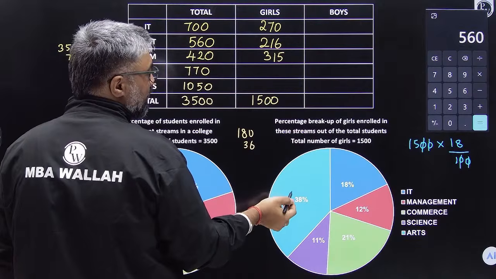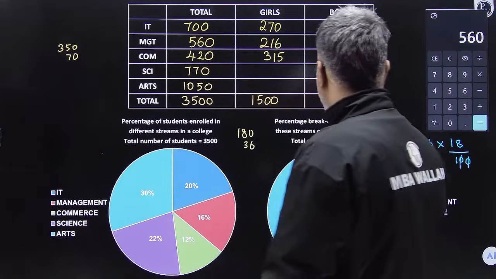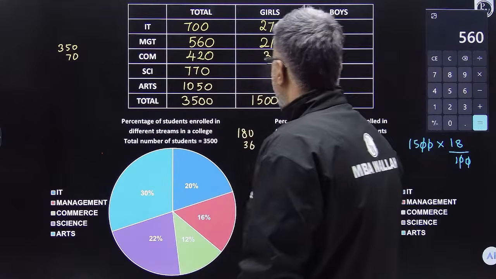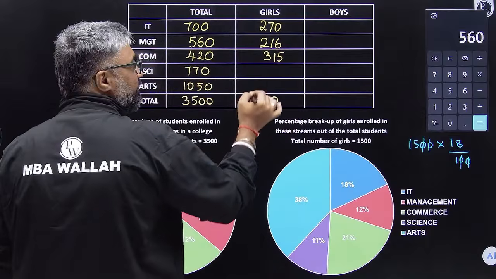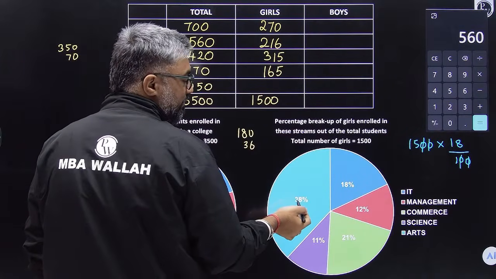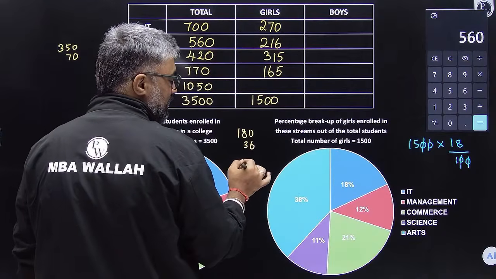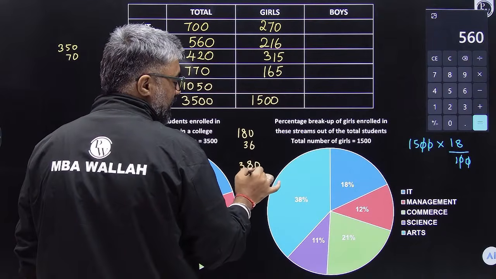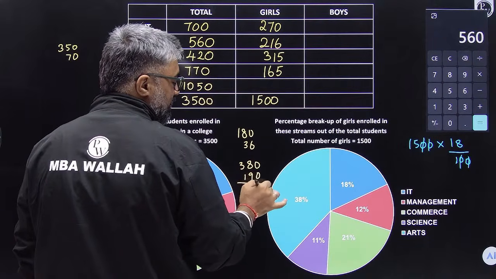Next we have 38. I think we missed something. This is 21. Then we have 11, which is 150 plus 15, 165. And then we have 38%, that's 38 into 15, that's 380 plus 190, adding up to 570.